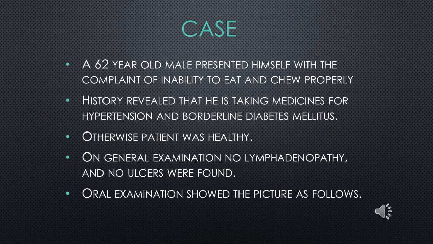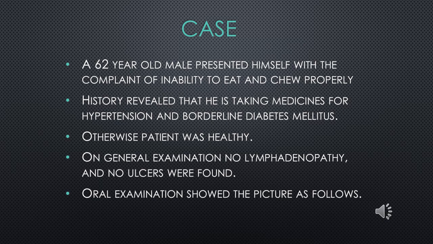Now the case discussion. A 62-year-old male presented with the complaint of inability to eat and chew properly. History revealed that he is taking medicines for hypertension and borderline diabetes mellitus. Otherwise, the patient was healthy.